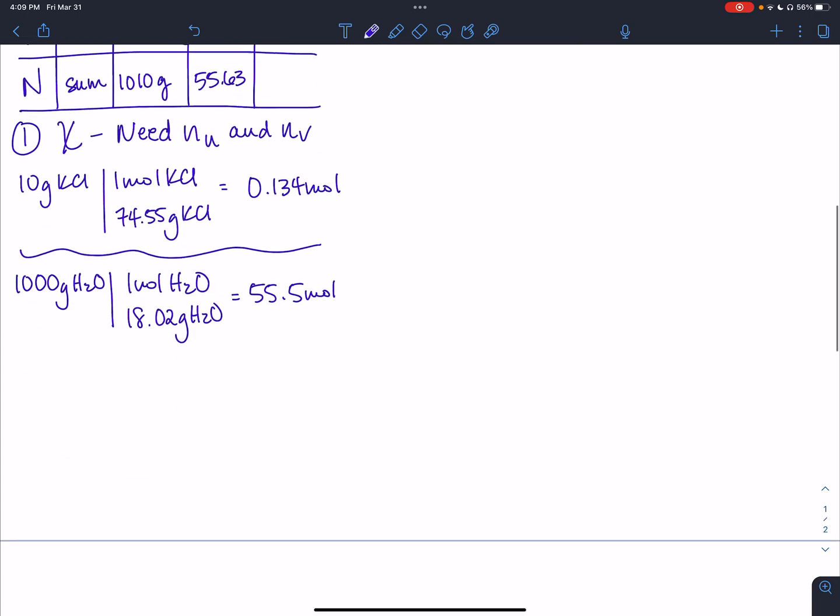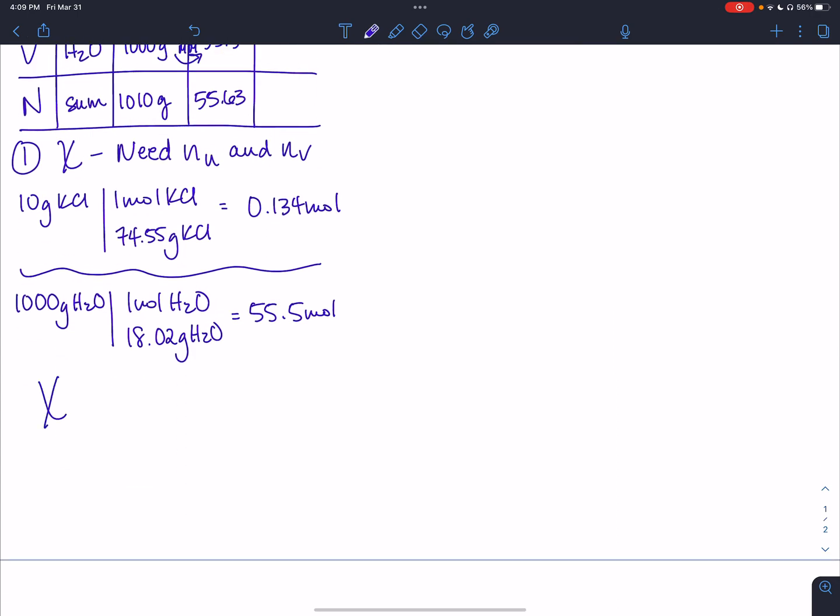So to find the mole fraction for my solute, KCl, I'm going to take my moles of KCl, 0.134 moles, and divide that by my total moles of 55.63. If I do that division, I have a mole fraction of 0.0024. For my mole fraction of H2O, it must be pretty big.